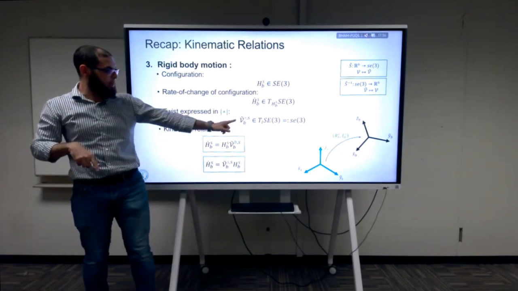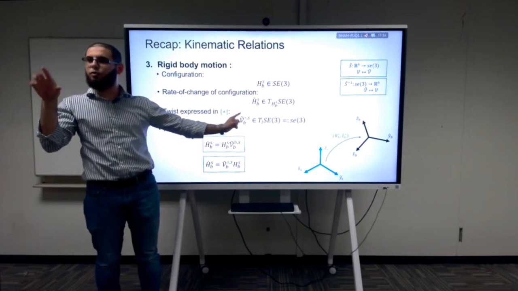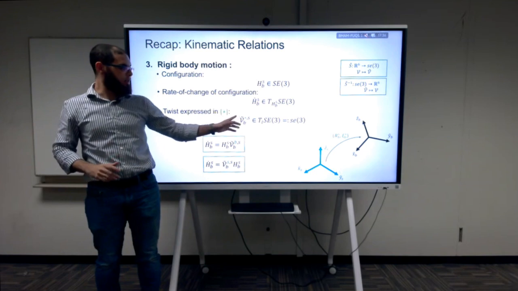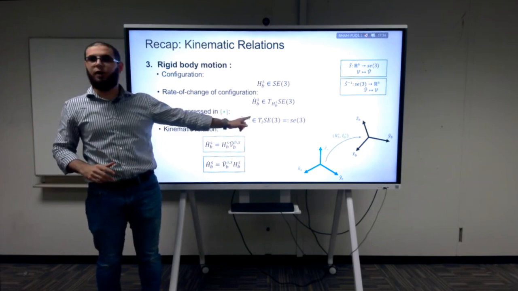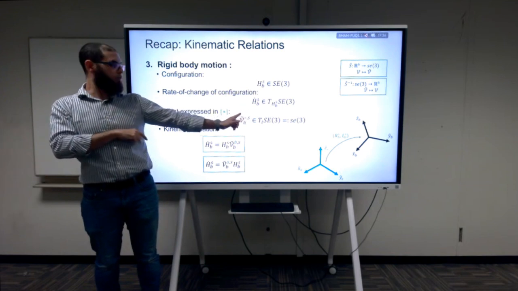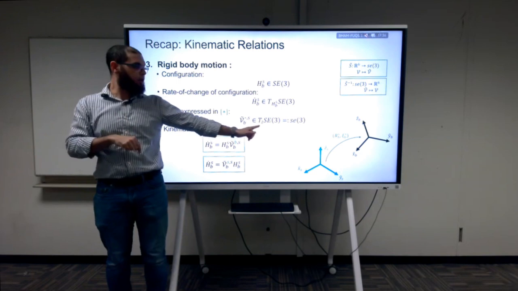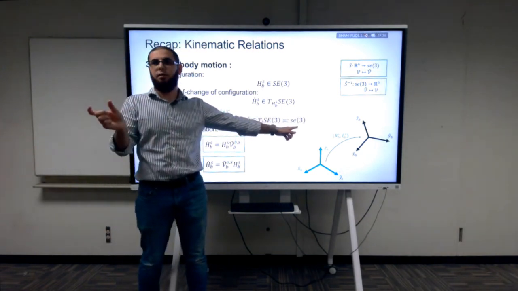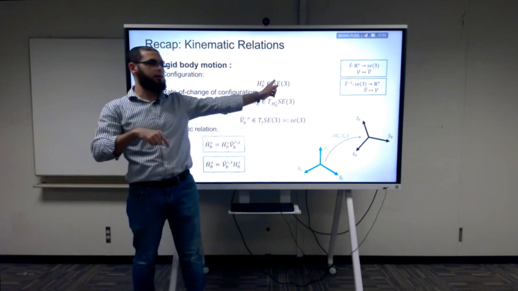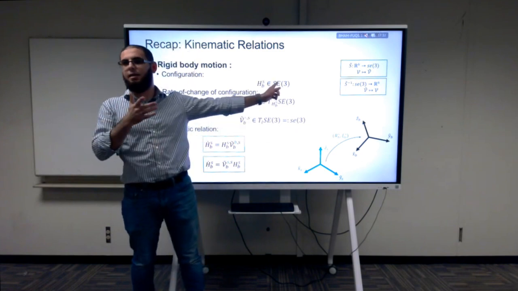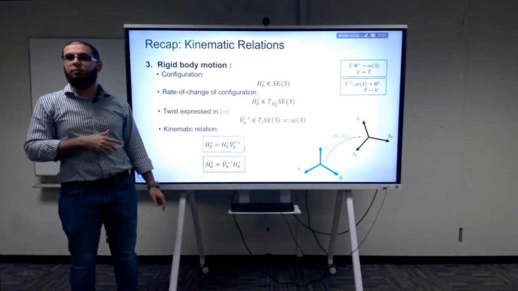Again, this is in tilde form, so you can expect it will be a matrix. It has a matrix form of frame B with respect to frame S, and again, we can express it in any other frame. It lives at the tangent space to SE3 at the identity, which we call small se3, which is the Lie algebra of the capital SE3 Lie group. And this is the kinematic relation between them.